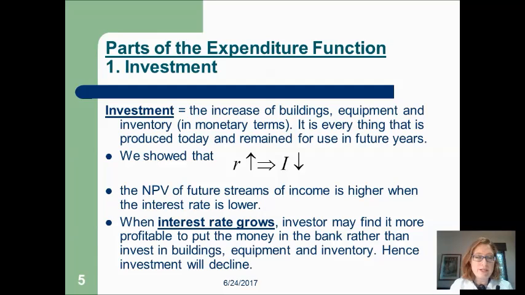The first component, the easiest one to analyze, is the investment. I remind you that the investment is the increase of buildings, equipment, and inventory in monetary terms, and it's everything that is produced today and remains for use in future years.